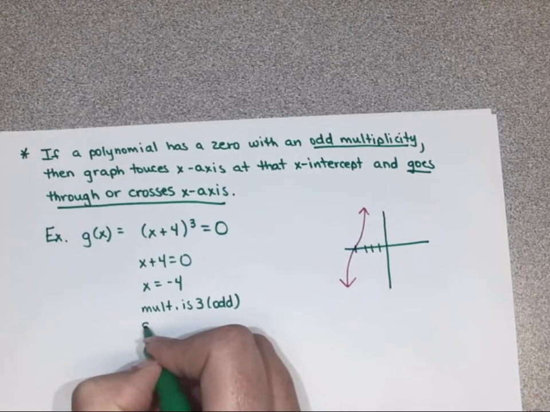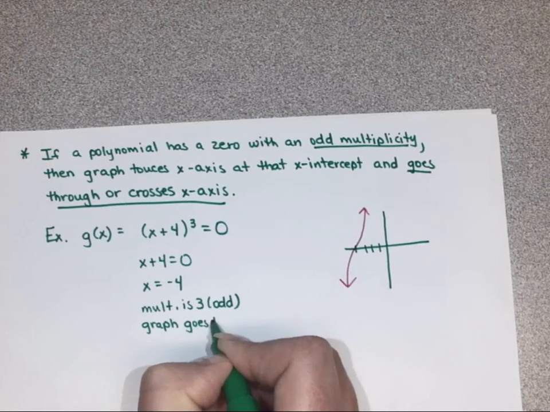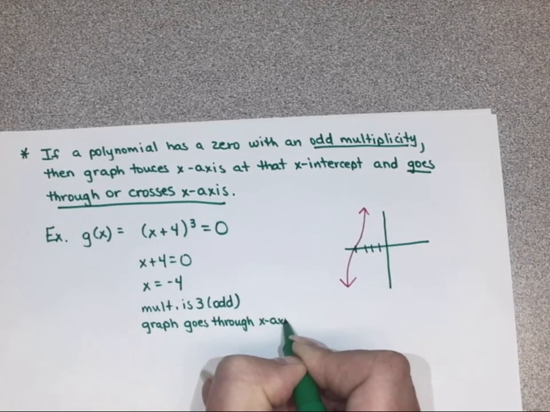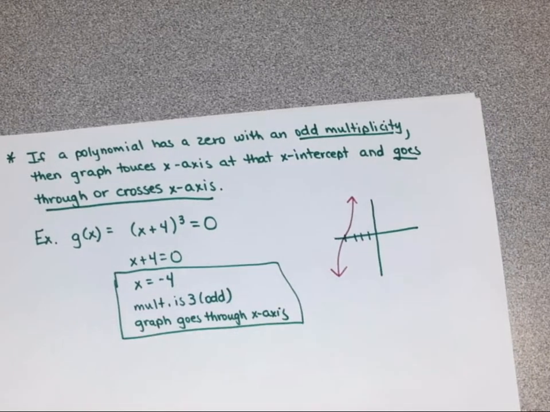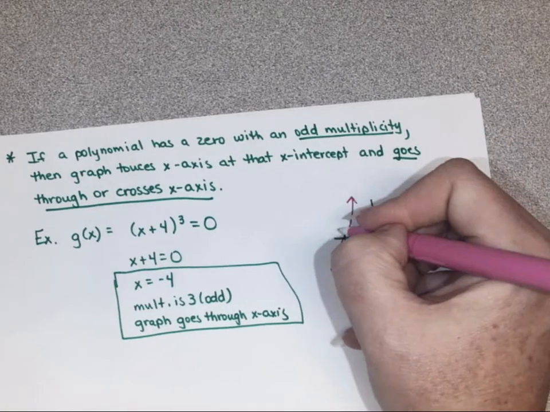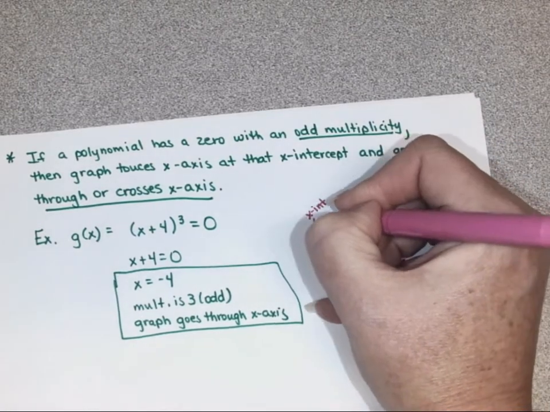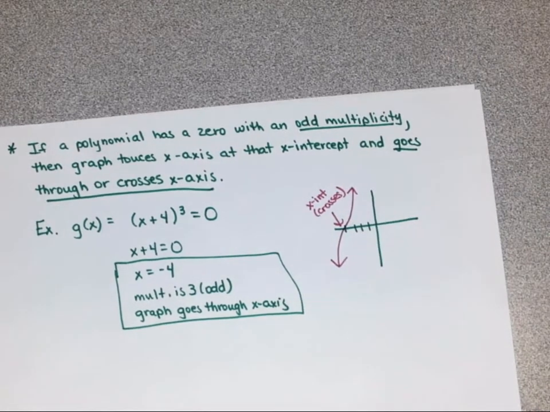So what that means is that the graph is going to do what? It goes through the x-axis or crosses. And notice that's exactly what we show, right? This x-intercept crosses over the x-axis instead of making a turn like it did in the parabola.